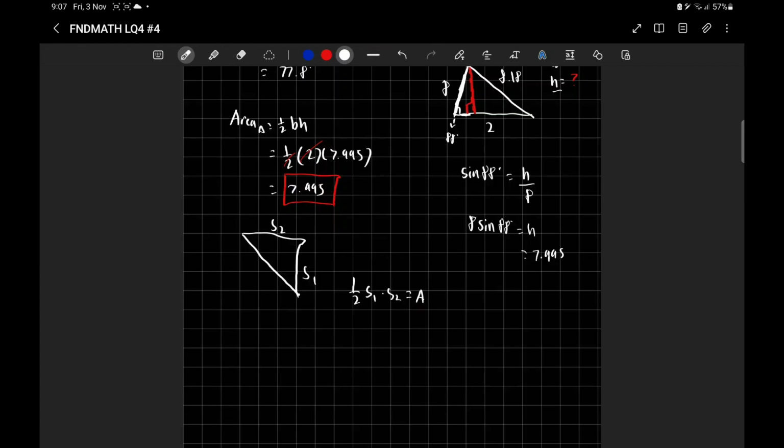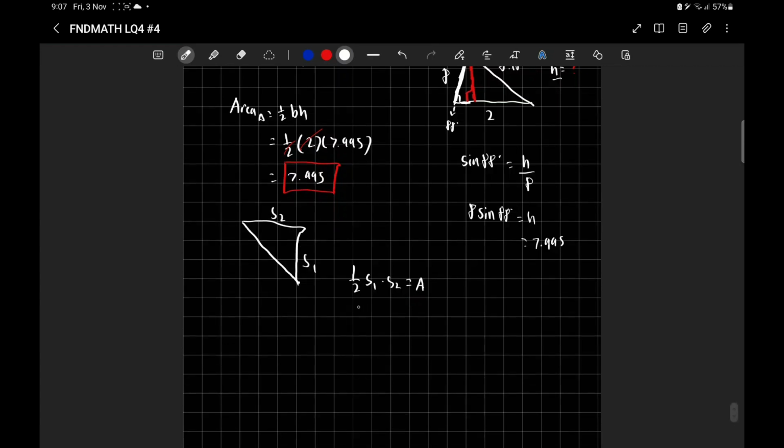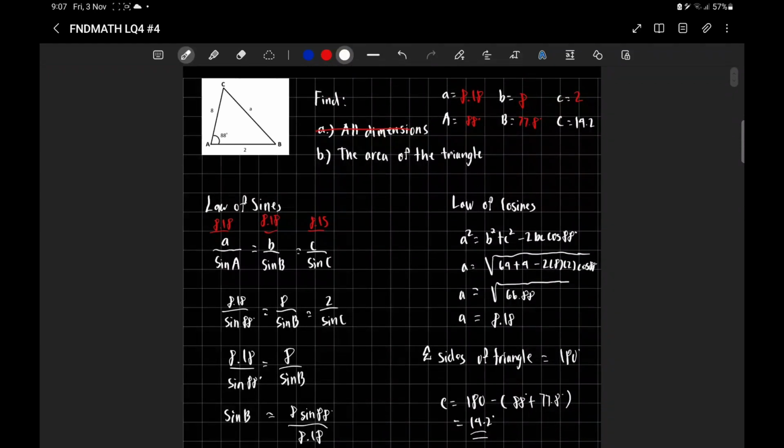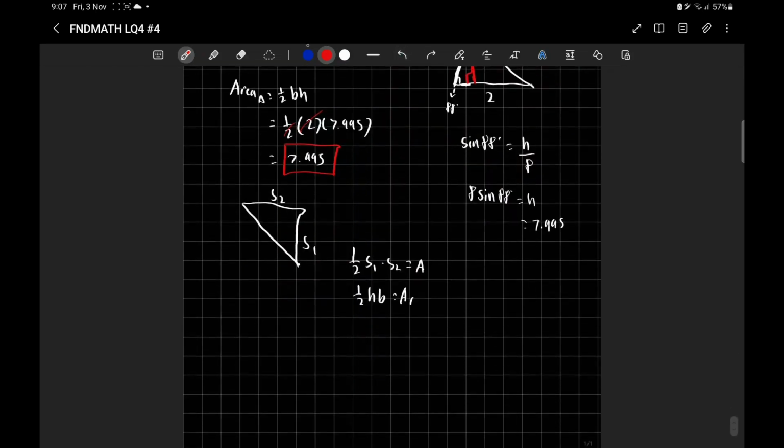Side 1, side 2, and ultimately our altitude is just this side 1, so just height, and our base is just the side 2, which is the base of the other side of the square. So that's how we derive the area of the triangle. So if you put its missing pieces here, like make it a regular square, it will make sense on why the height is just equal to its area. It's just cancel out.